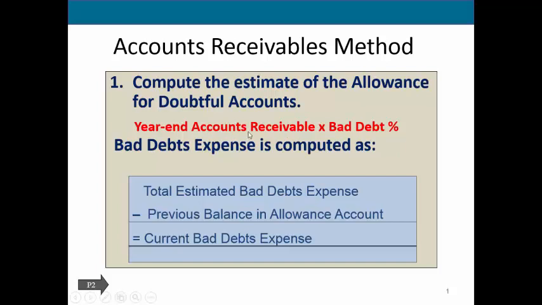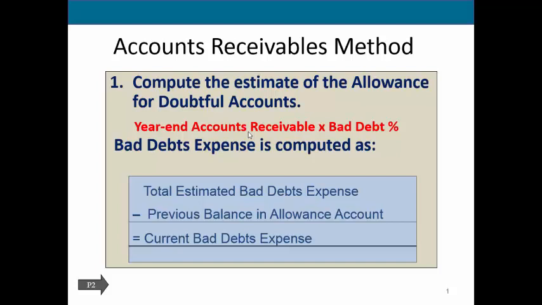So instead, when we come up with an answer here, and we'll show this as we look through our examples, that shows us the total amount that should be in our allowance, but we have to compare that to what's already there, and then we need to make an adjustment to get it to what it should be.